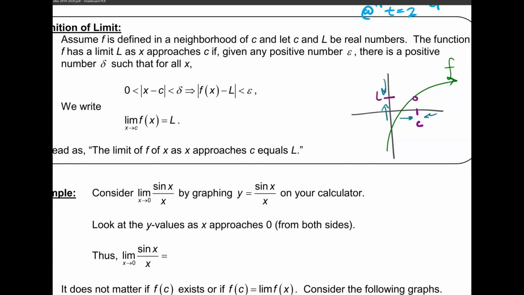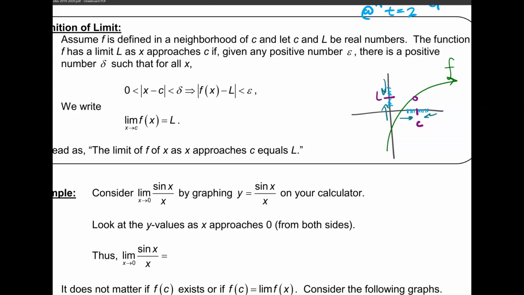What I'm trying to show you is as I get closer and closer to C from both sides, I get closer and closer to L on both sides as well. So if I have a limit as x approaches C, given any positive number epsilon, there's a positive number delta so that for all x, as long as the absolute value of how far away I am from my C value is less than delta, then the absolute value of the function minus the limit is also less than epsilon.